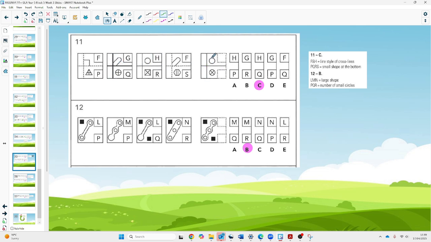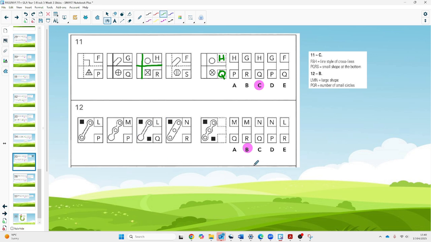We need the H. We needed it to represent these lines here. And then the bottom one is the small shape at the bottom. We need a circle, so we would need the Q. Doesn't matter too much about the shading inside, it's actually just the shape which is important there.